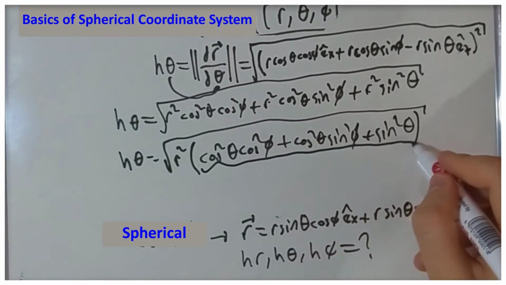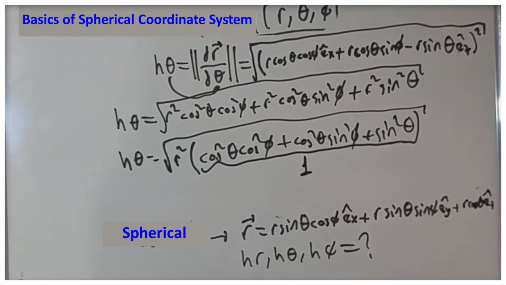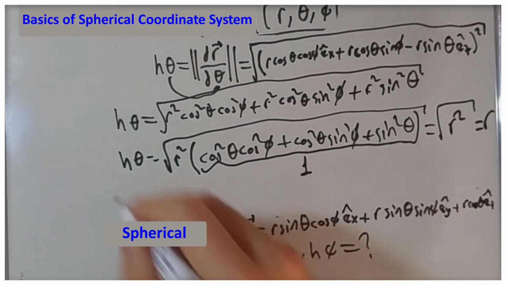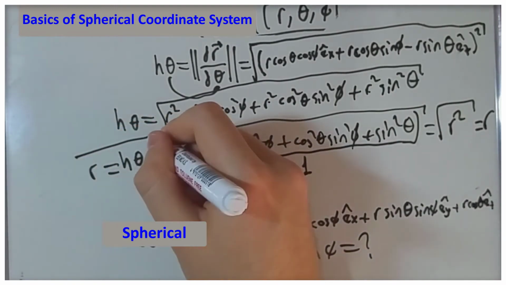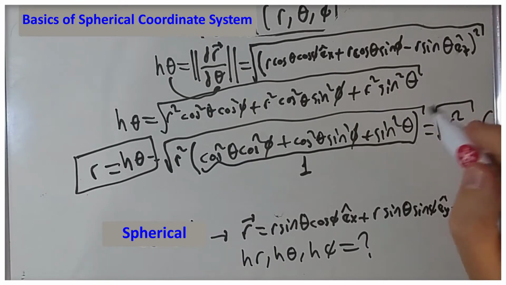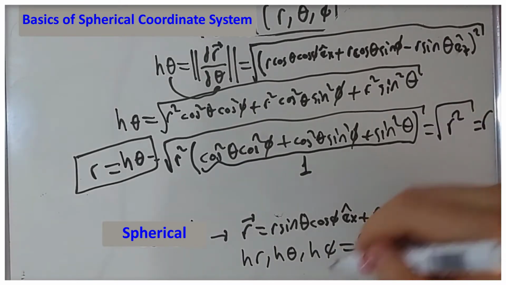I just found 1 from hr. You will see if you calculate it. R squared, this is equal to r. Hence we found h theta as r. Now let's finally find the h phi and complete this process.